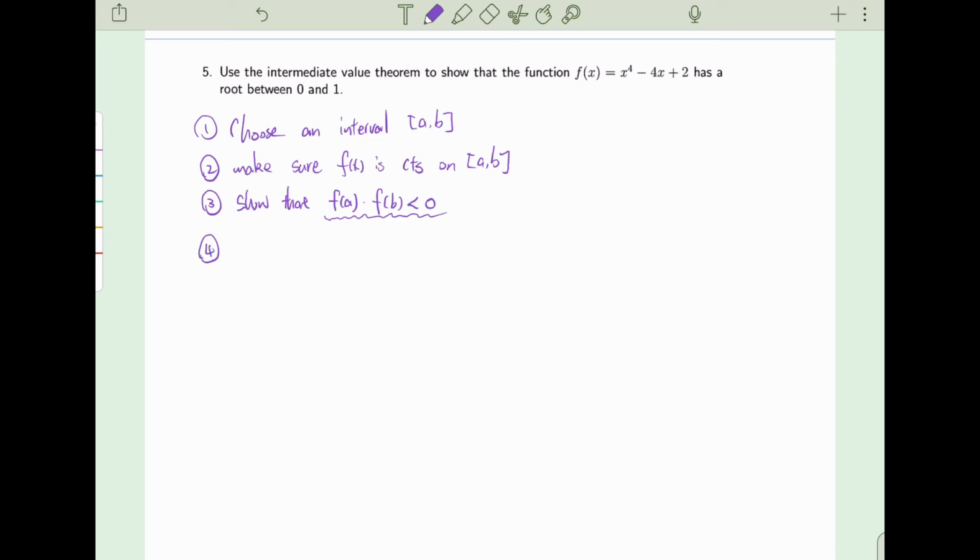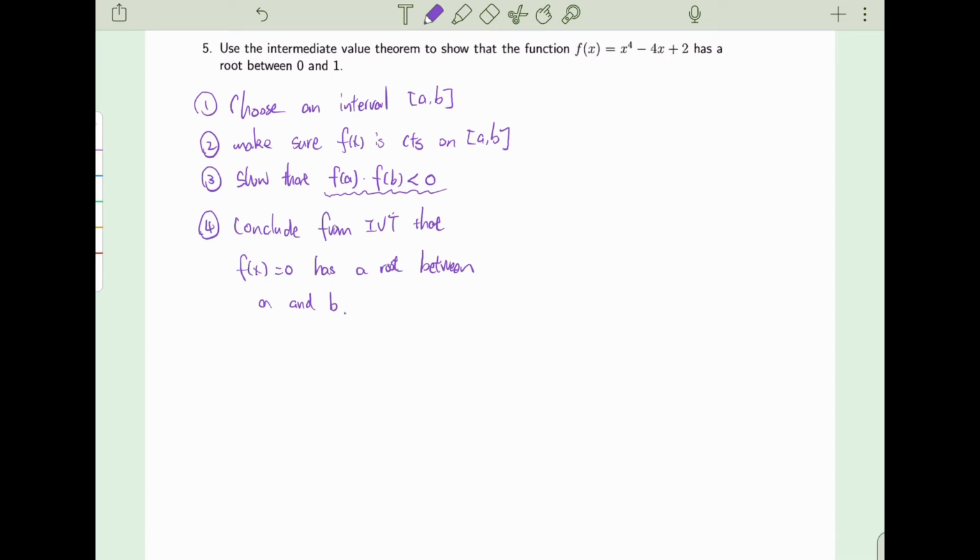And the last step is to conclude from the intermediate value theorem that f(x) equal to 0 has a root between a and b, or has a root inside this interval from a to b.